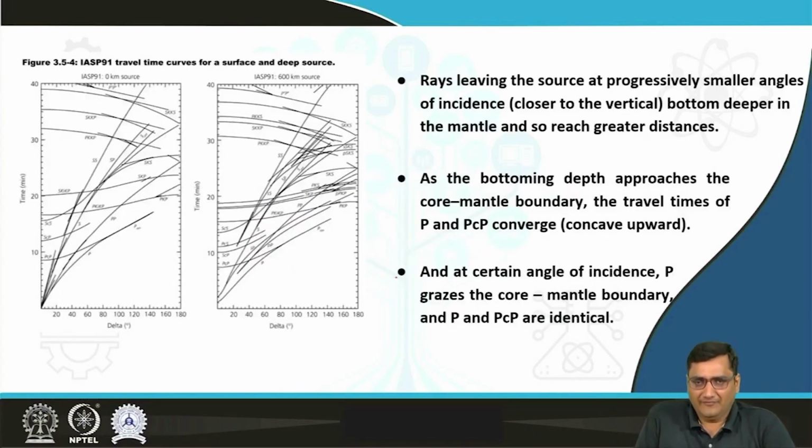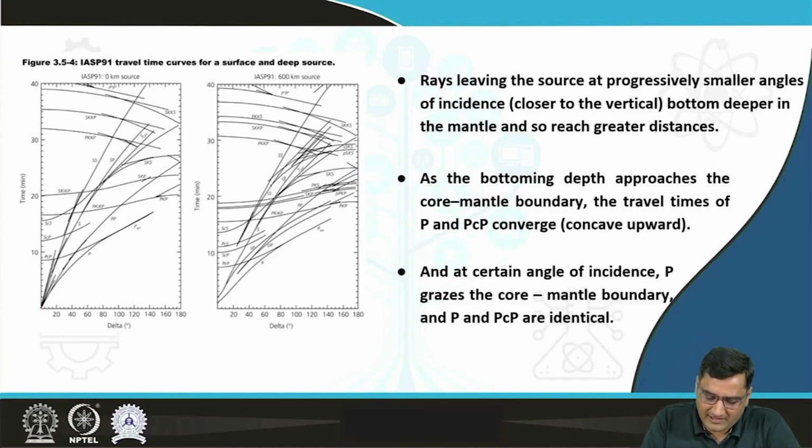Now, if you look at this particular travel time curve from IASP91, what you will observe is that the P wave leaves the focus at progressively smaller angles of incidence, and then it bottoms deeper in the mantle and so reaches greater distances.